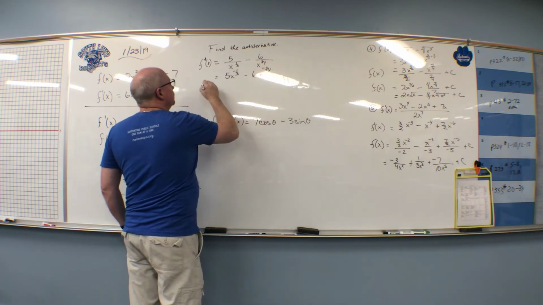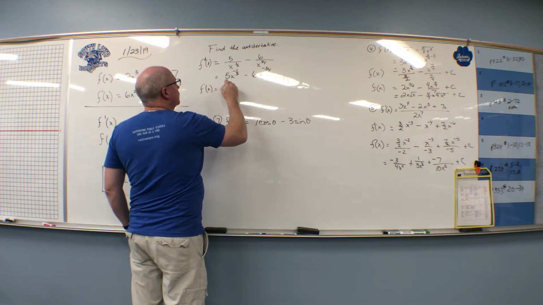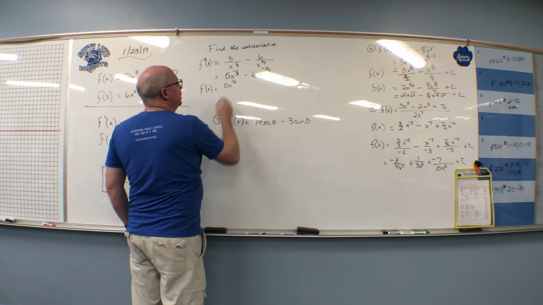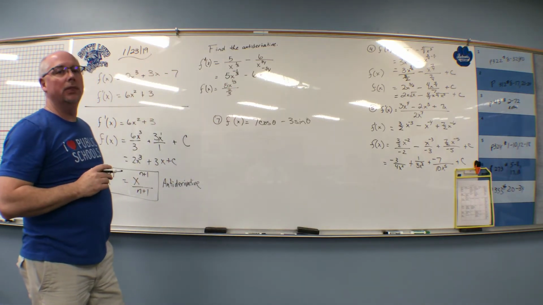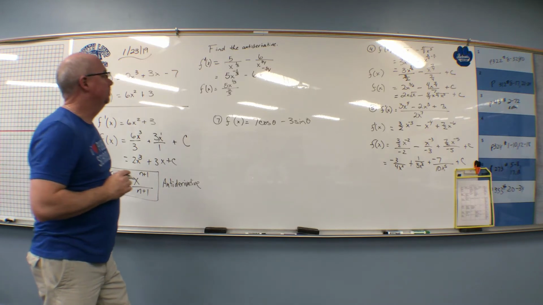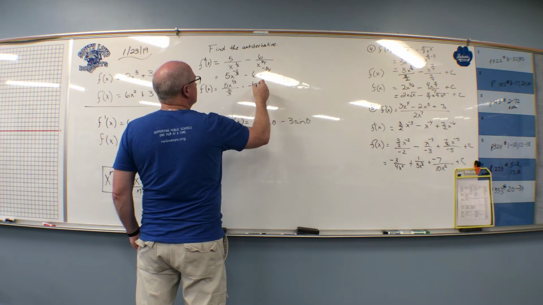Okay. So then you have 5x to the 2/3 divided by 2/3. How did you get 2/3? You gotta add 3/3 to the negative 1/3. It's 2/3. And the other one is negative 3/4, plus 4/4 is 1/4. Right?